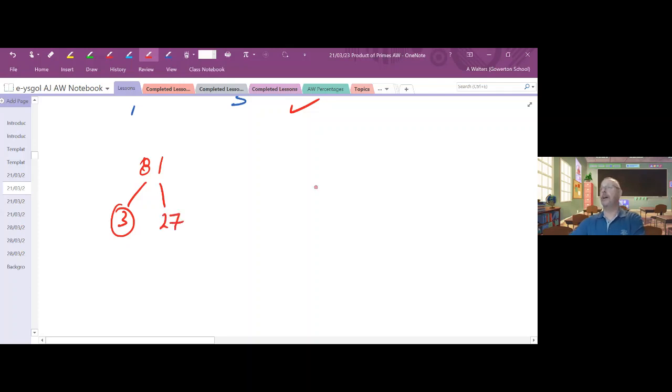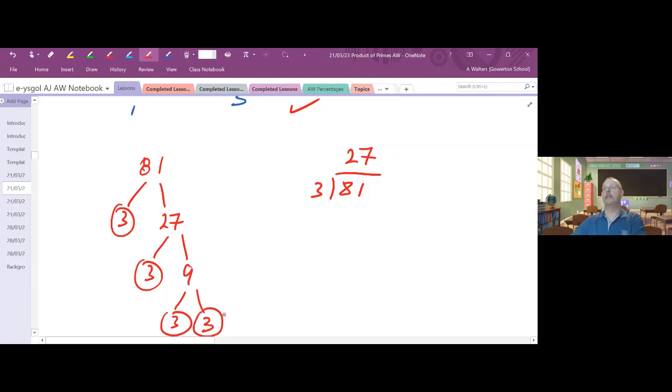I'd probably have to go and do that on the side anyway. Now 27, I should know that 3 goes into that. 3 9s are 27, and 3 3s give me 9. You multiply everything I've circled, and there's 4 3s, so it's 3 to the power 4.